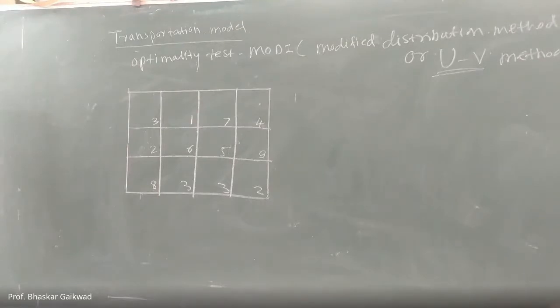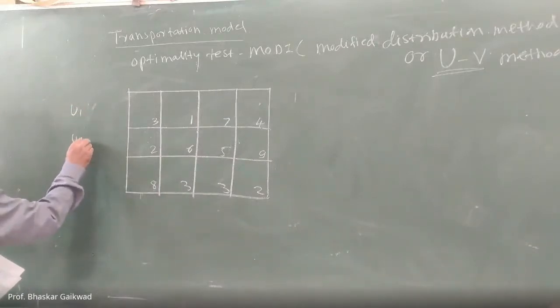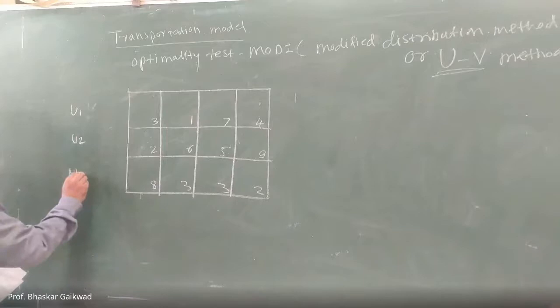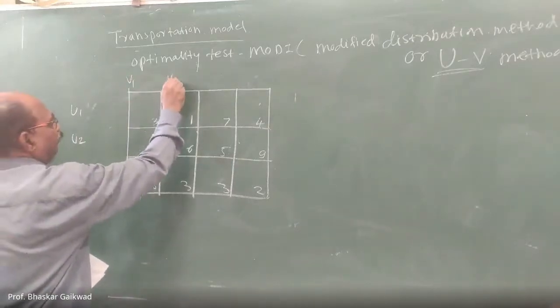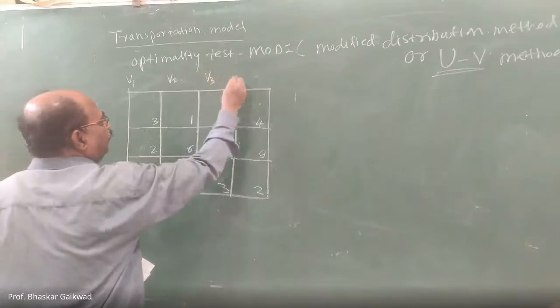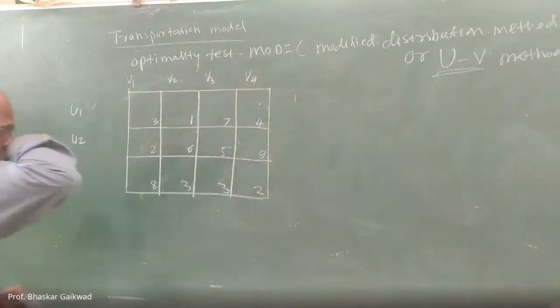In order to get this, we have to convert the rows and columns into U and V notations. So here you can write U1, U2, U3. Here it is V1, V2, V3, and V4.